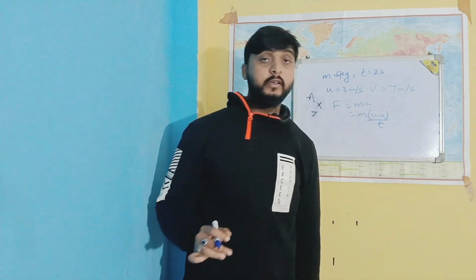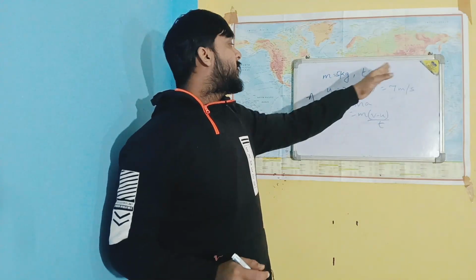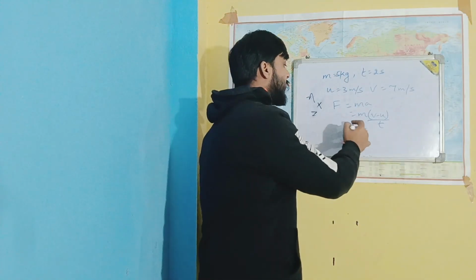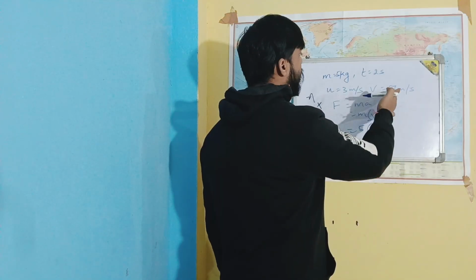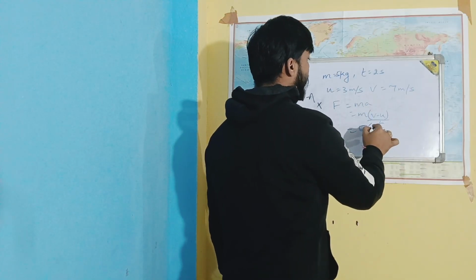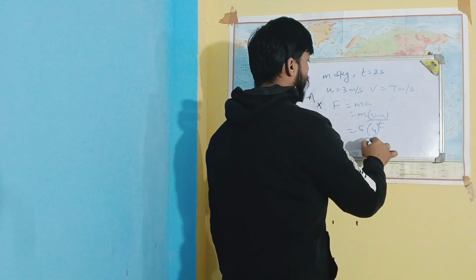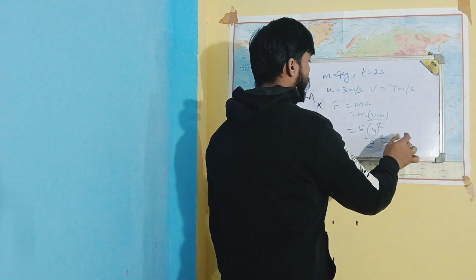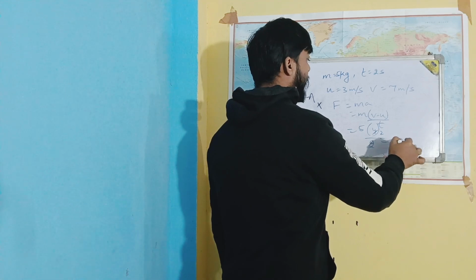We'll put the formula for a. Now, just calculate it. Mass is 5. v minus u, 7 minus 3, right? That will be 4, by time 2. It will be 10 Newton.